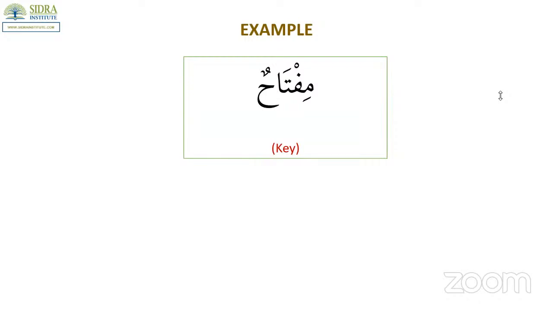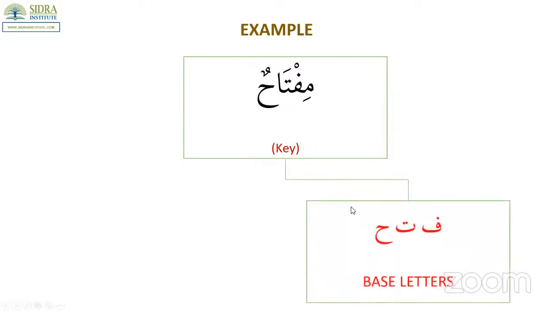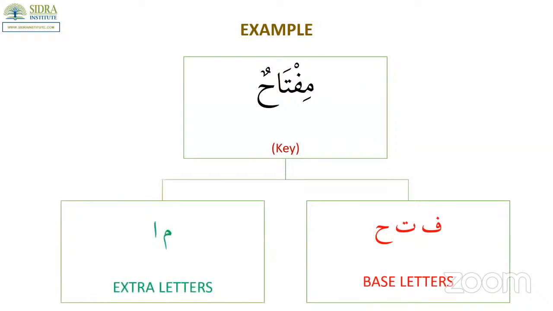At the end of this course, hopefully you will get a better understanding and you'll be able to identify root letters better. Okay. Now, miftahun, the root letters are fa, ta, and ha. These are the base letters, radical letters, and the extra letters in this word are actually meme and alif. Now, how do we come to know of that? That's the question. Okay.